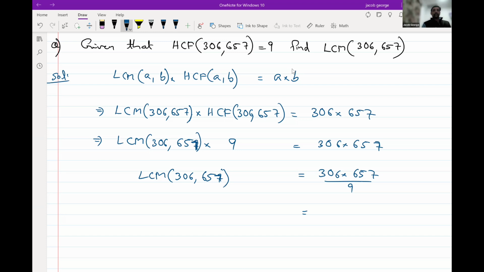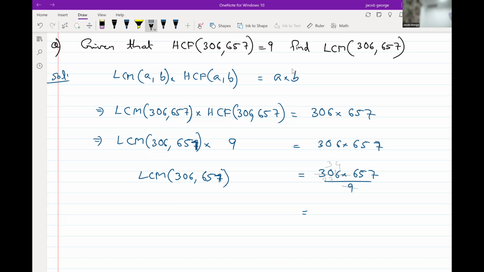What do you get when you cut 9 and 306? 9 into what number? 9 3s are 27. Then when I subtract, I got 3 as the difference. So 36, 9 4s are 36. So we get 34.